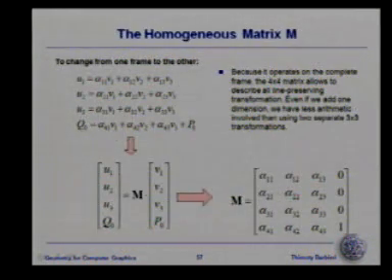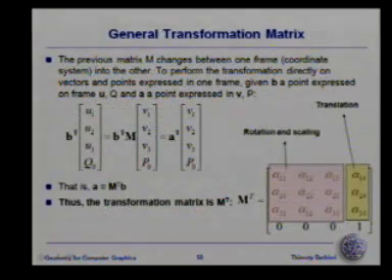And this matrix here is when you think to keep the point still and move the frame. In the first case, you move the point but keep the frame. You keep your frame intact and change the coordinates.